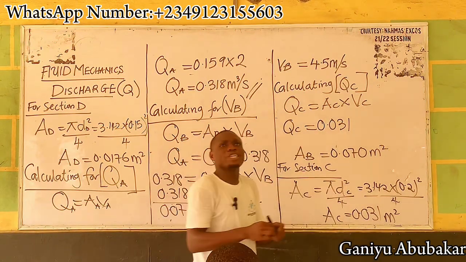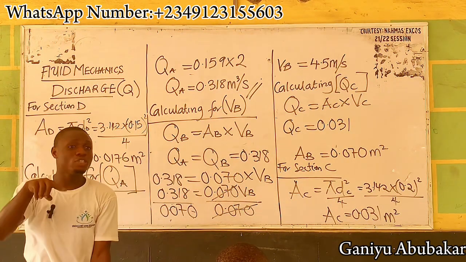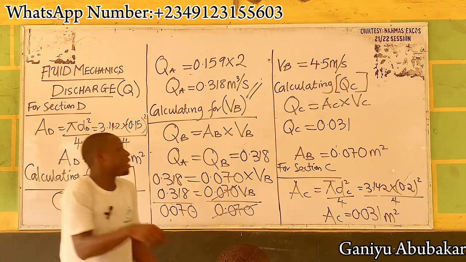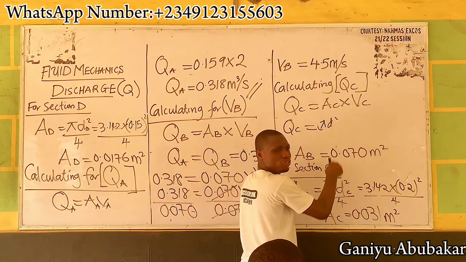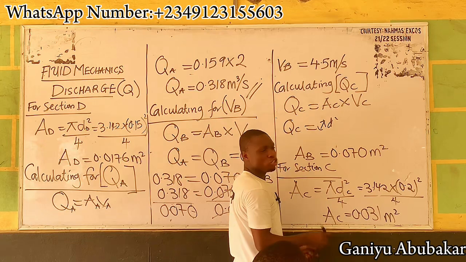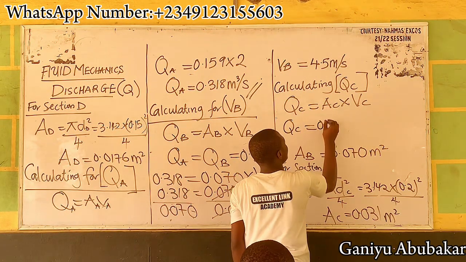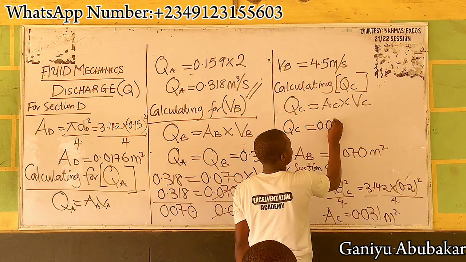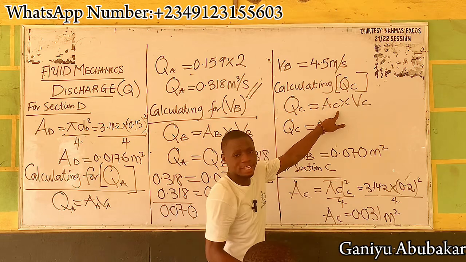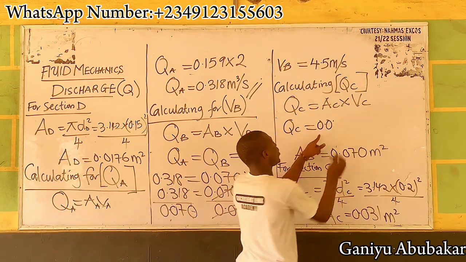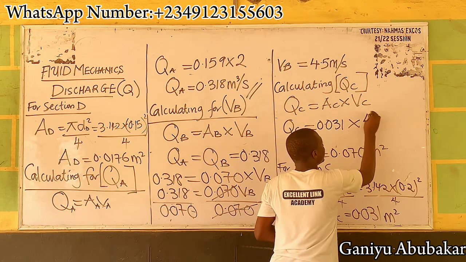0.031. You can see why it's important to find your area first. Just pick it there. If I don't find it, you're stressing yourself. If you now start saying area C is pi d squared, you waste your time. So QC is AC, 0.031, times VC, 4, which is given in the question.